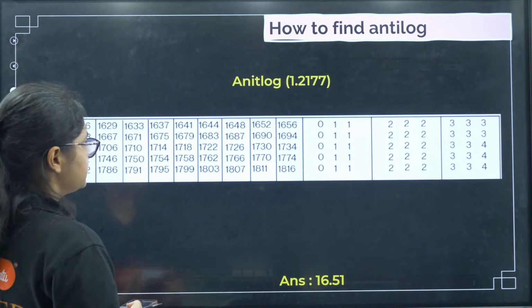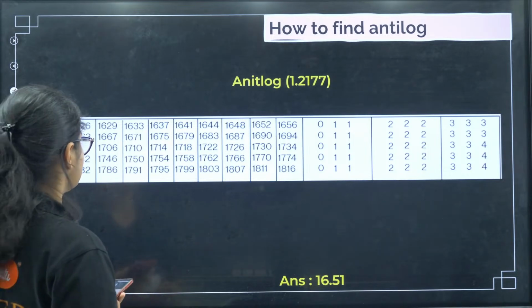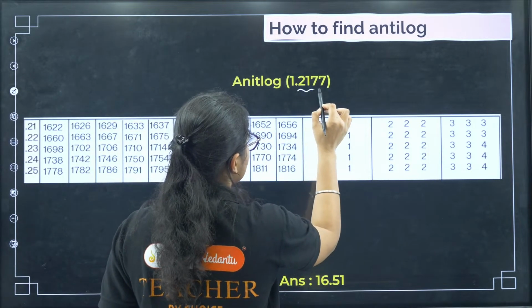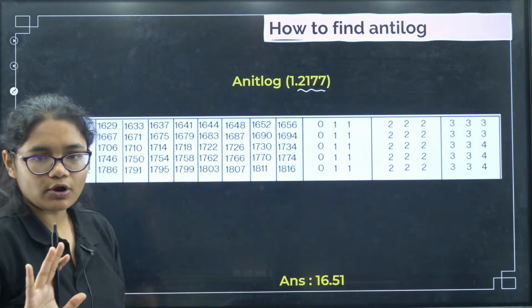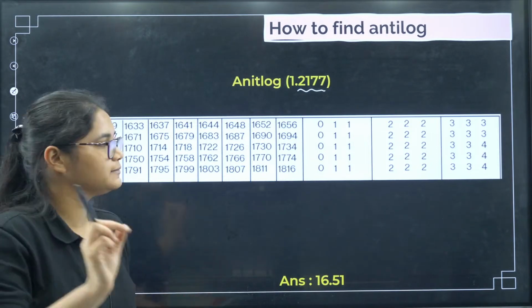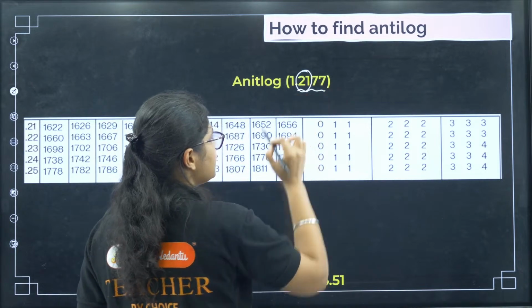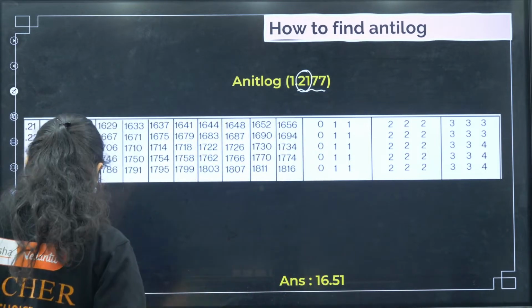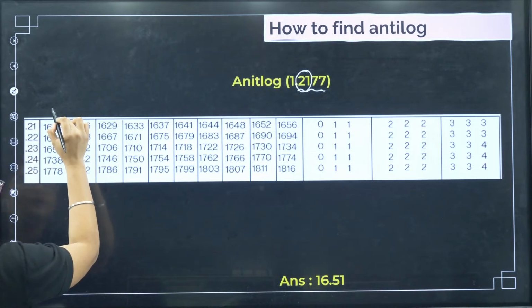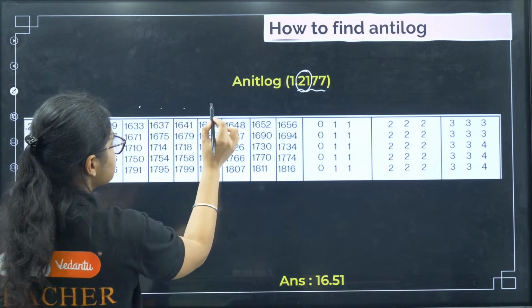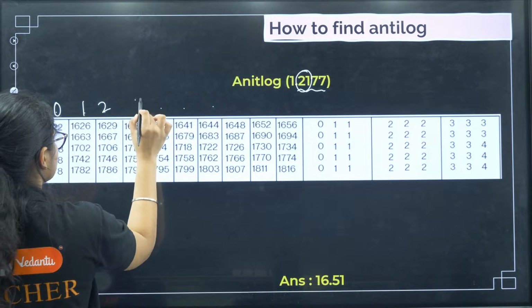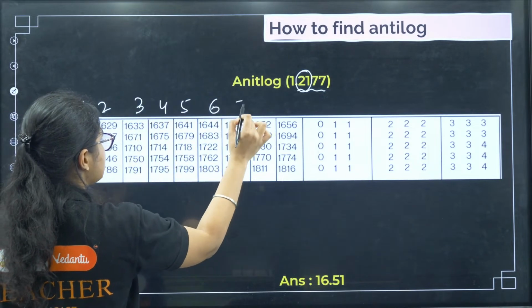So for this one, see students, first of all we will check how to find anti-log. In anti-log we will be more focused on the numbers after the decimal. After decimal, what are the first 2 digits present? 0.21. So in the anti-log table you find first 0.21. This also has columns 0 1 2 3 4 5 6 and 7, right?